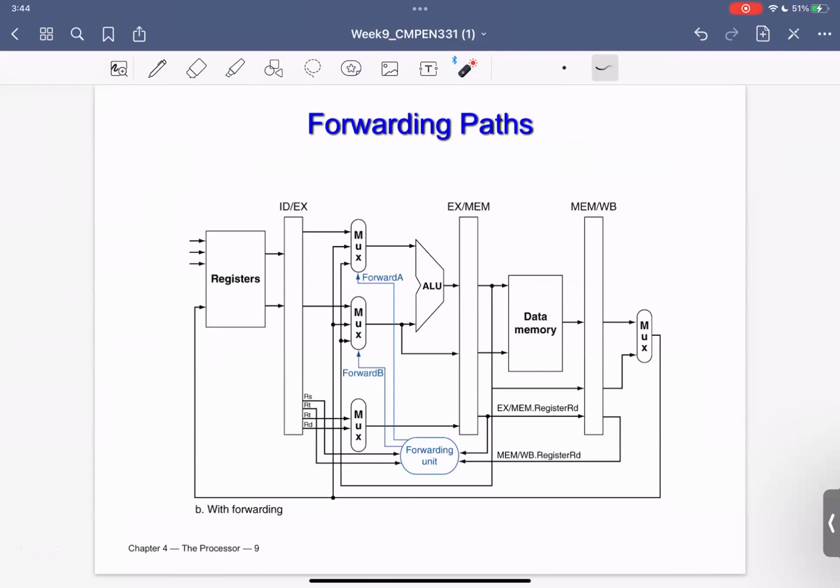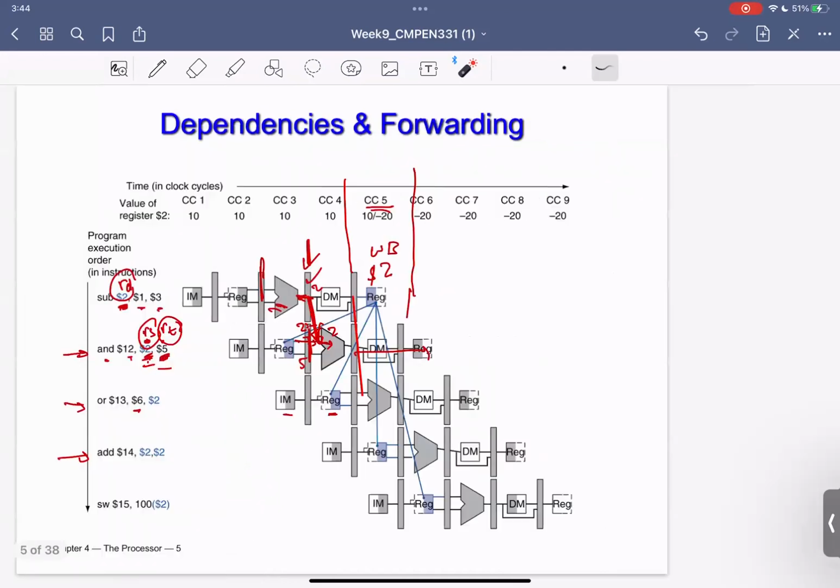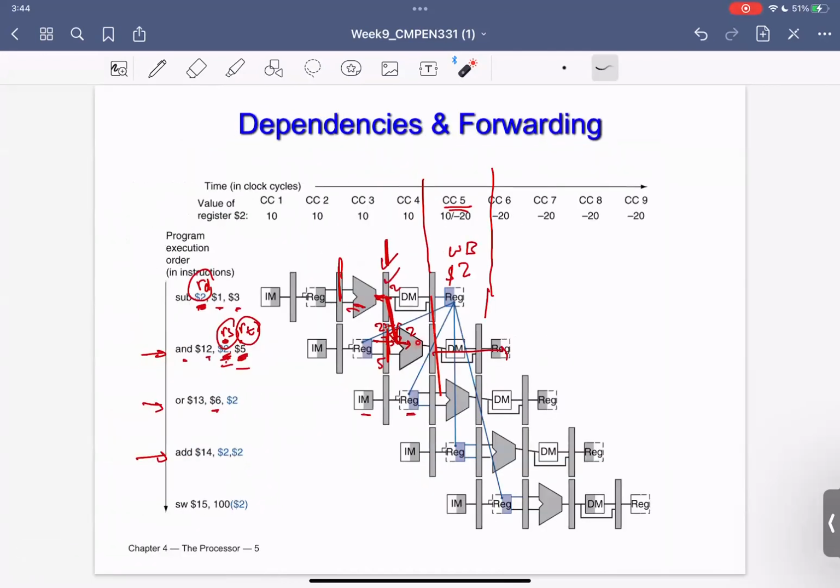So again, as we mentioned, this is my ALU. And this ALU, or any ALU, it's the same ALU, can get input from the output of the ALU, or it can get input from the output of the memory, or it can get input from just the previous stage. There are 3 scenarios here. And according to all of these situations, I need to see if I have to get the input from here, or the input from here, or the input from here.